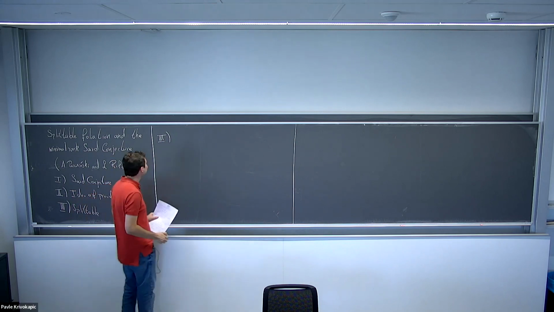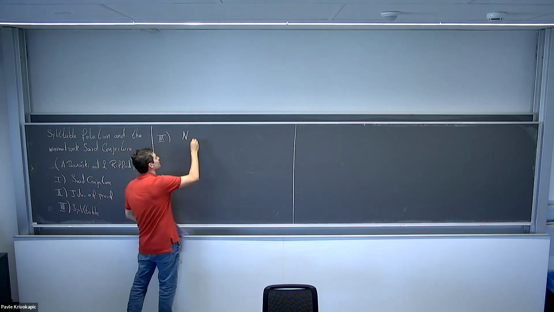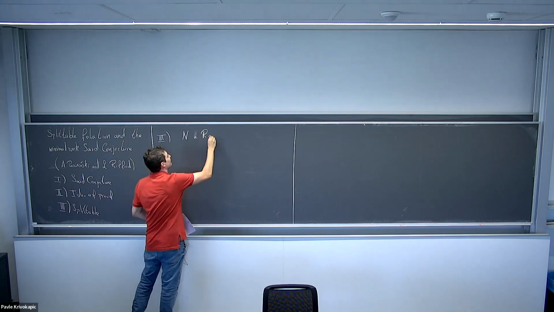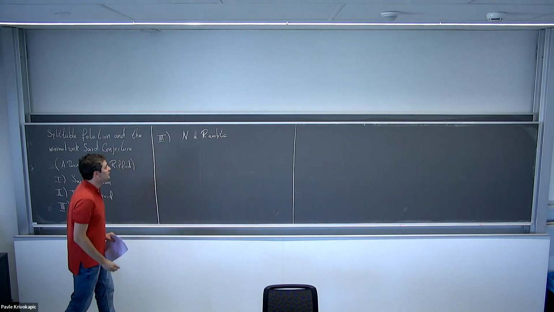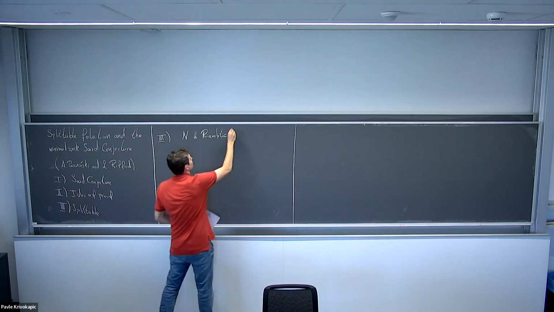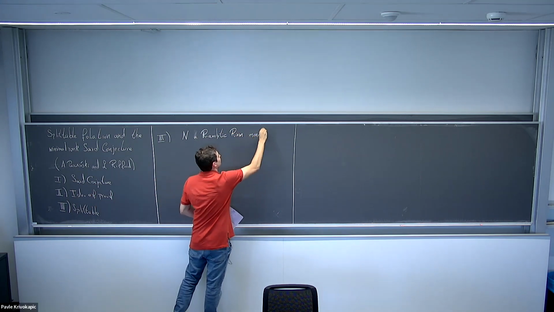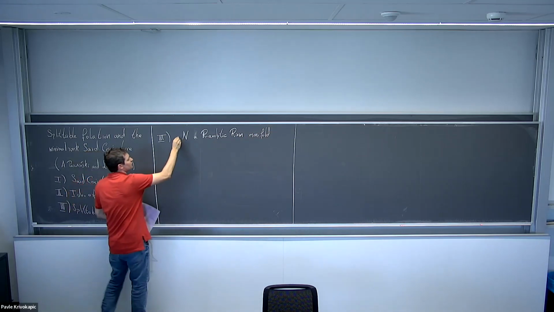Okay, so I'm going to start with N, a real analytic Riemannian manifold. So I'm going to work in the real case. There is a metric. And for now, we're going to see that it doesn't make much of a difference to have a singular set.